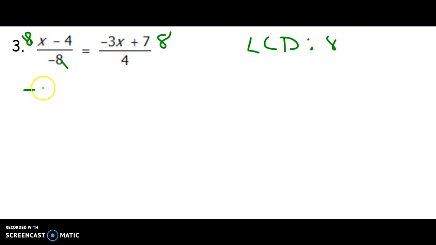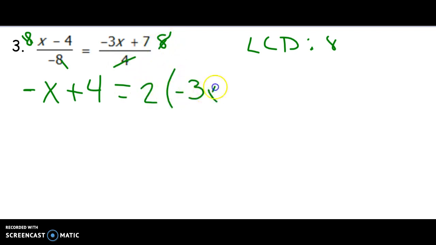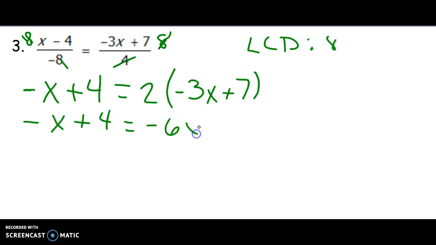So that means I'm going to have to change the sign on top of everything. So the x is going to become a negative. The 4 is going to become a positive. The 8 here will reduce with the 4, and I'm going to multiply 2 times everything that's on top. I have to make sure that I remember to use my distributive property here. So if I multiply by 2, that's going to give me a -6x plus 14.